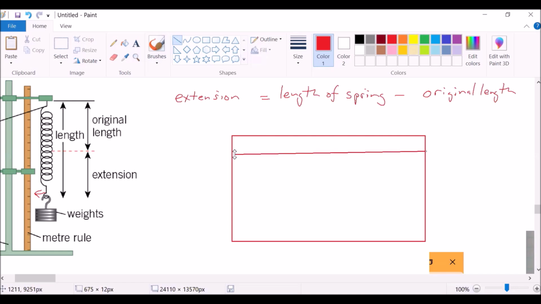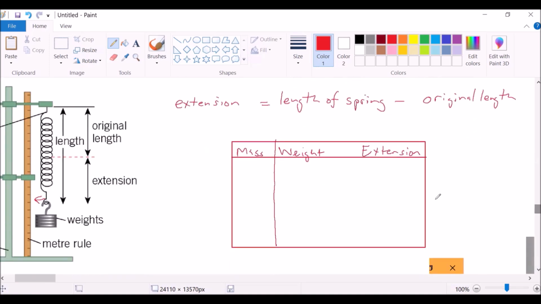So we will have a table of mass, the corresponding weight, and the extension. When we load the weight holder, the mass is 100 grams, which is 0.1 kg. The weight is mass times gravity, which is 0.1 times 10, which is 1 newton.